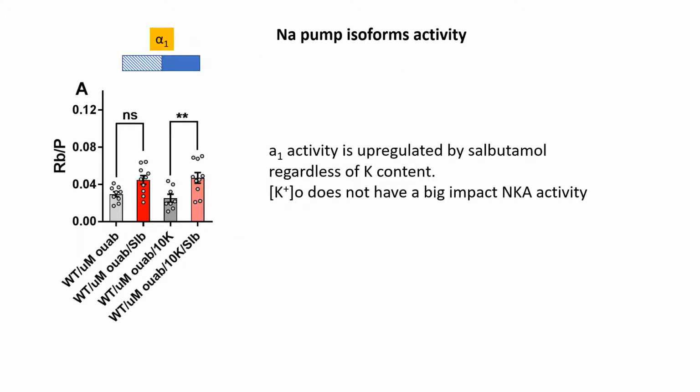So alpha 1 activity, let's review one by one. Alpha 1 activity is upregulated by salbutamol, regardless of potassium content. You see that potassium doesn't have any effect on alpha 1 activity.